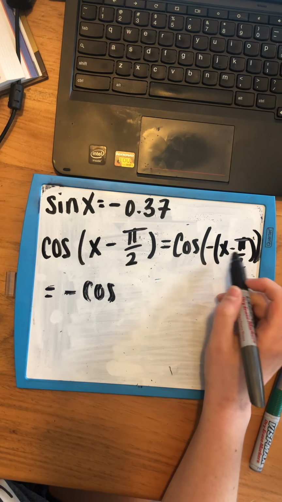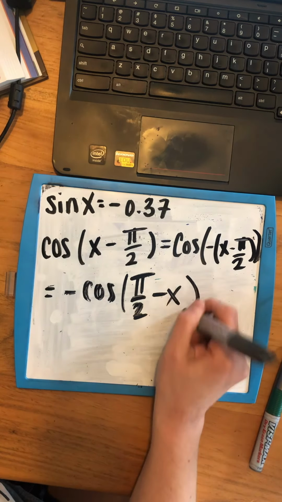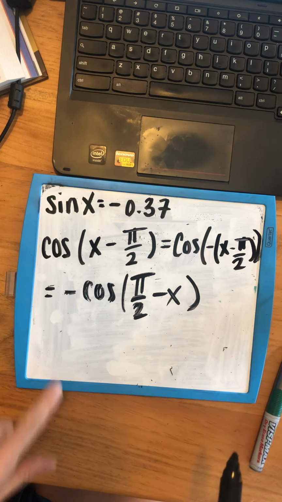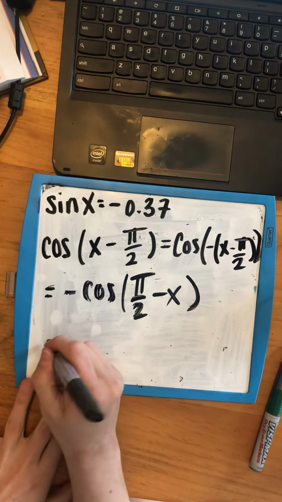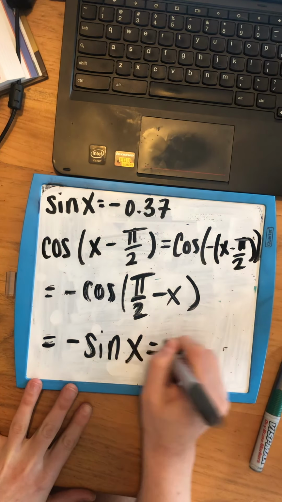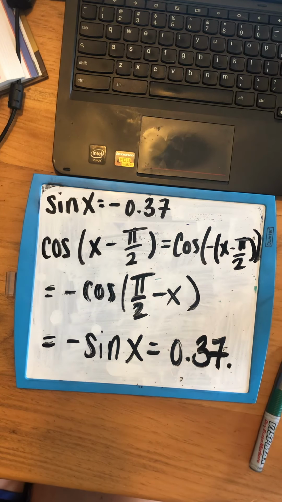Then x becomes negative and that becomes positive, so we have positive pi over 2 minus x, which again, now we're at our cofunction identities. We know that sine and cosine are cofunctions, so this is equal to negative sine of x, which would then just be 0.37. Right, so again, just other two identities that we can use to manipulate.